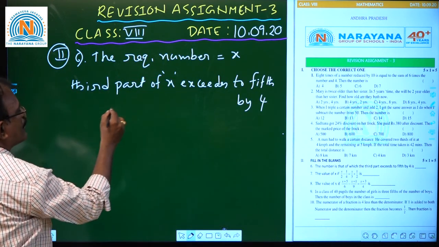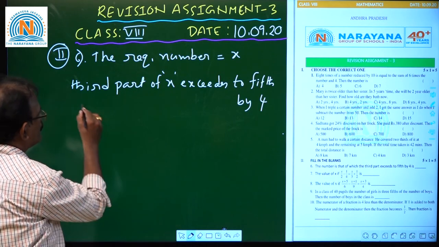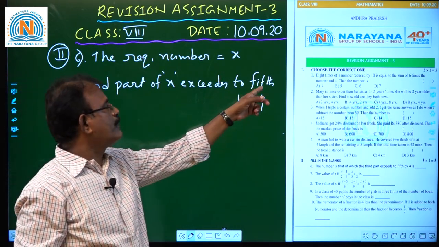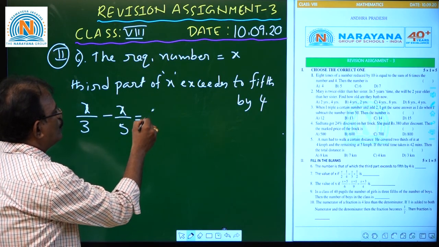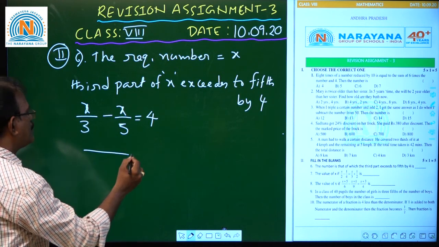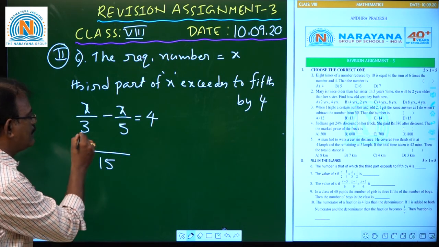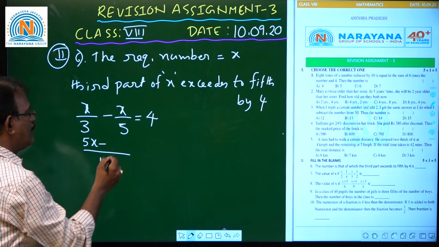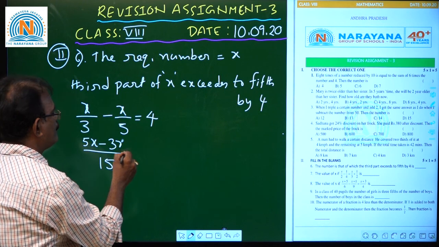So the third part of x means x by 3, and the fifth part of x means x by 5. So this gives 4. Then let us do the simplification. What is the LCM of 3 and 5? 15. 15 cancels in 3 five times, 5 times the numerator, and 15 cancels in 5 three times, 3 times the numerator.